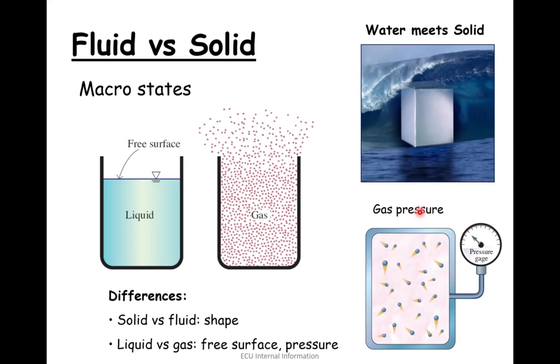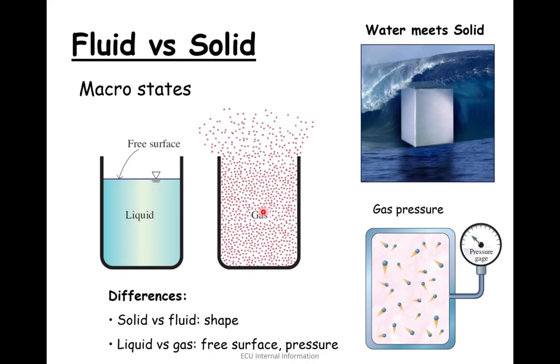Now, let's look at a more microscopic view of the flow. If we pour a liquid in a container, it takes the shape of the container and has a free surface, which we will discuss later.